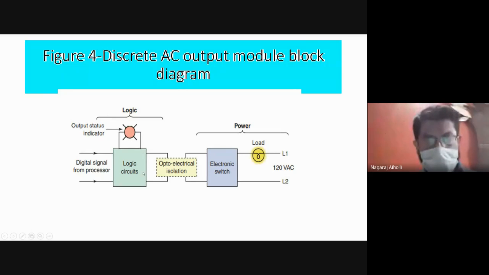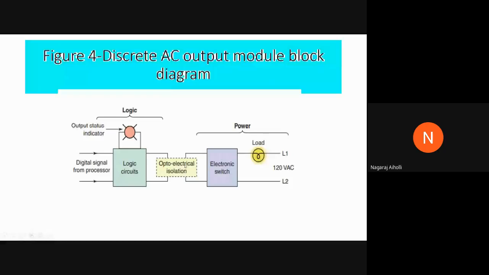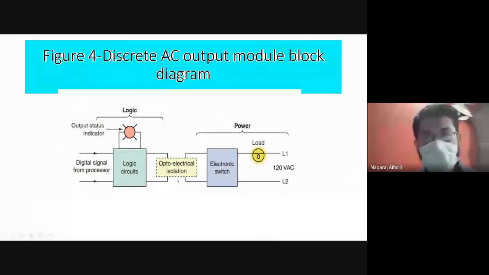The logic circuits operate here. These logic circuits make the current flow in the optical isolation circuit, the optocoupler. It is the same as we discussed in the previous input module. The optocoupler gives isolation between the two portions, the left portion and the right portion.